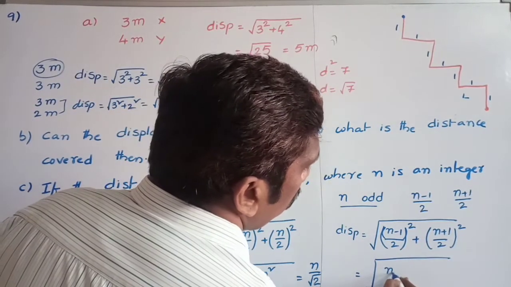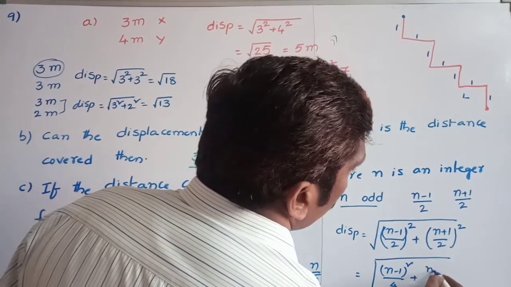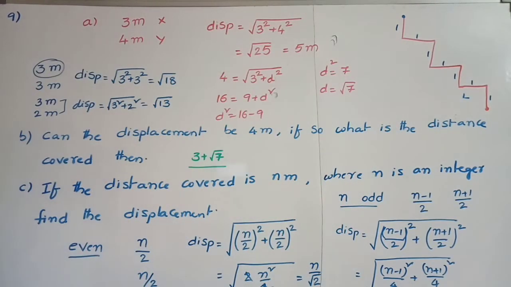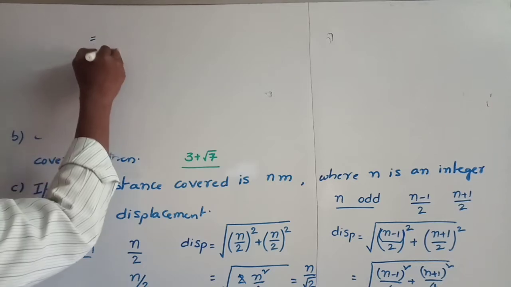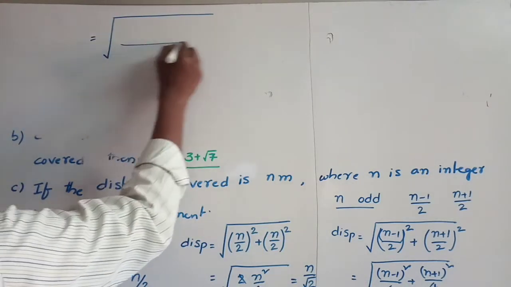this: (n minus 1) whole square by 4 plus (n plus 1) whole square by 4. That is equal to under root of, here LCM is 4.